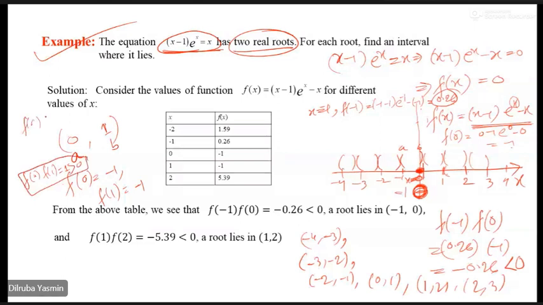The condition f of a times f of b less than 0 is not satisfied, because you get a greater than sign here. So in this interval 0 to 1, you can't get any real root of the provided polynomial equation.